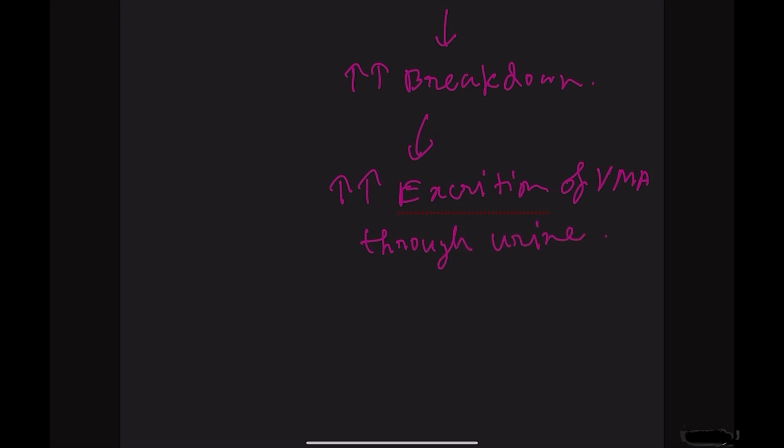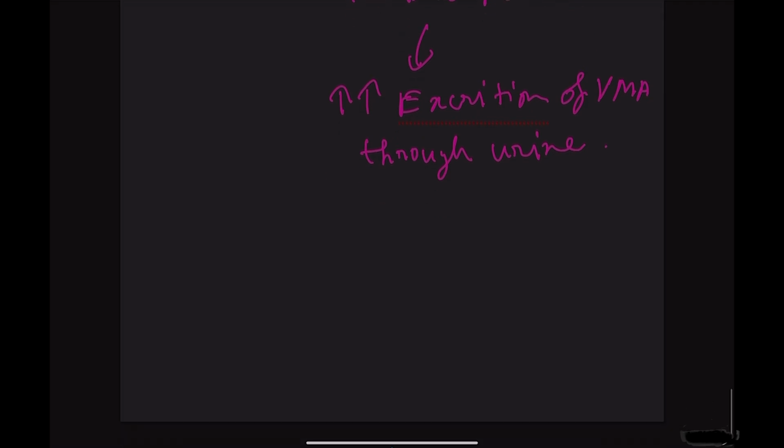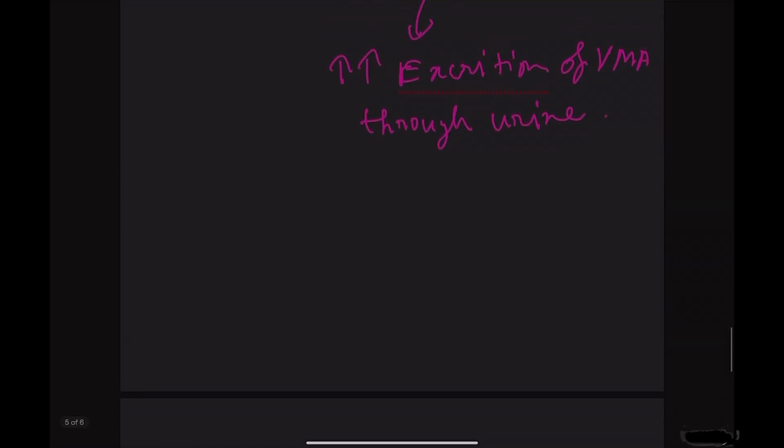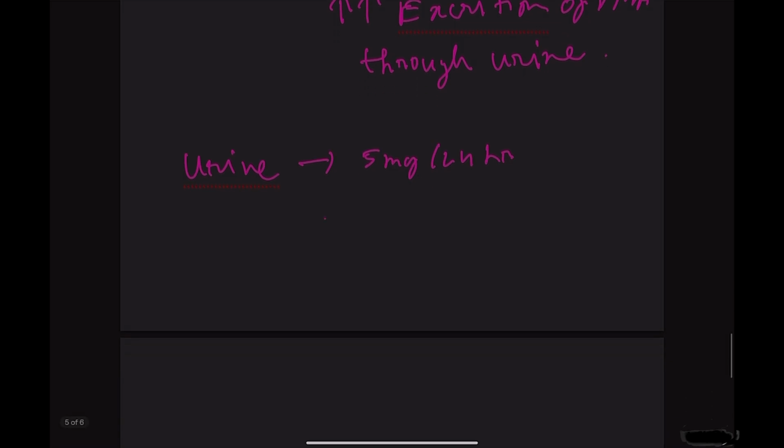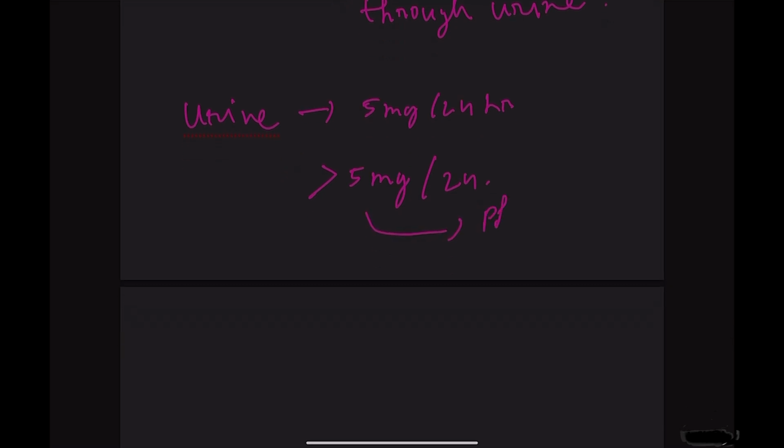Okay, normally in urine we have 5 milligram per 24-hour excretion of vanillyl mandelic acid, but if we find that excretion of vanillyl mandelic acid in 24 hours is more than 5 milligram, we can say this person is suffering from pheochromocytoma.